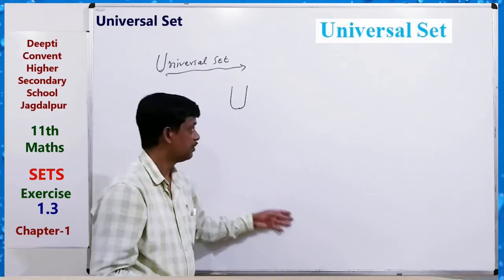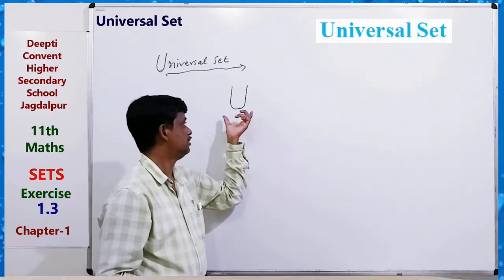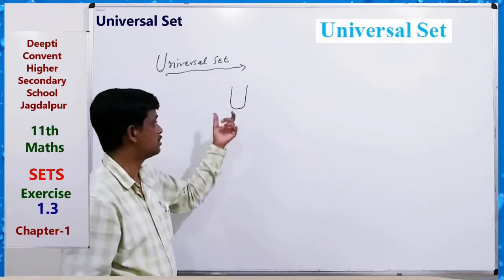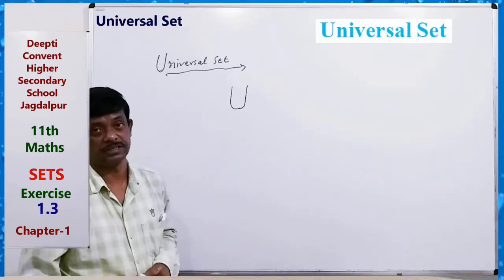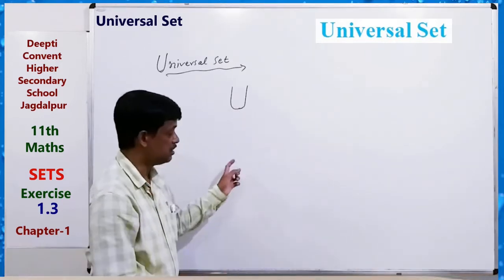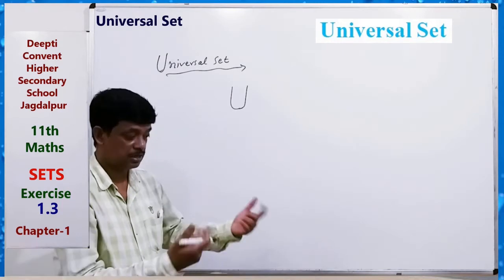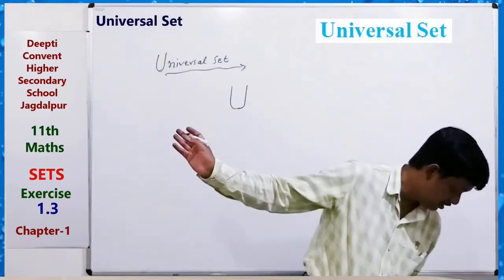So the universal set is a superset of all the sets and subsets, denoted by U.